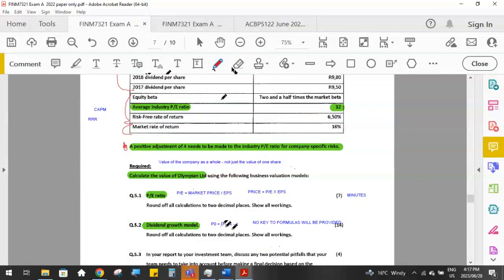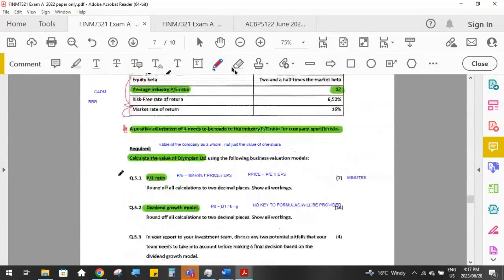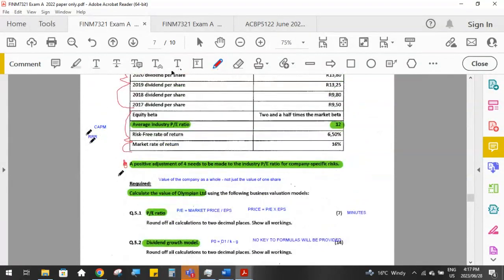How do we calculate k? So this requires you to remember the key to the formula, that k is equal to the required rate of return, and that it requires you to remember that the CAPM percentage is the required rate of return of the investor. Those two are one and the same thing, and that we've got the information here to calculate CAPM.